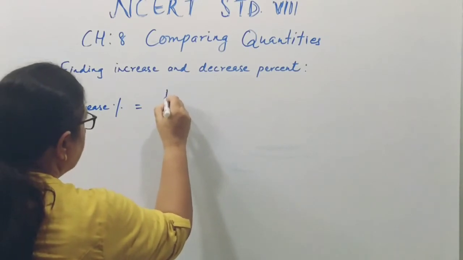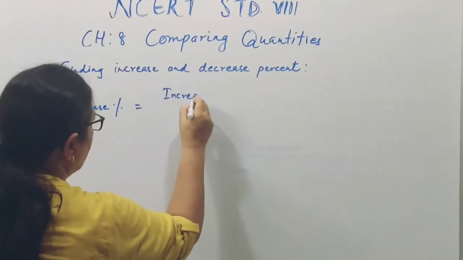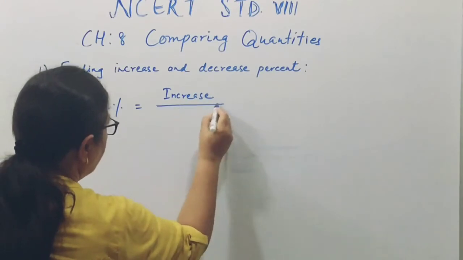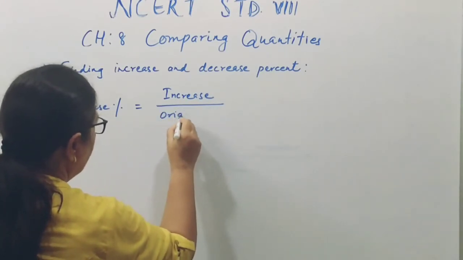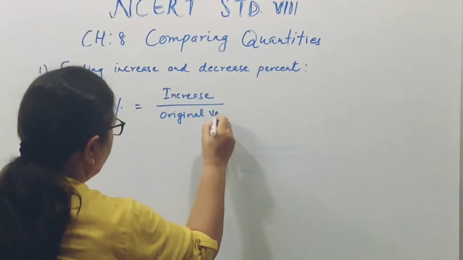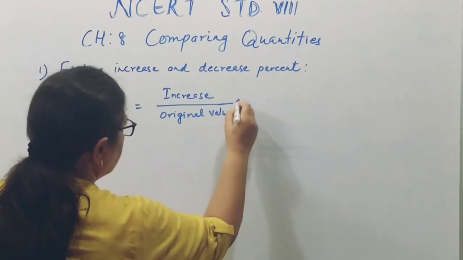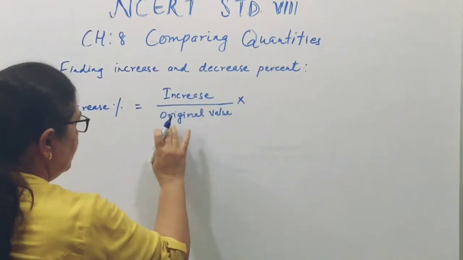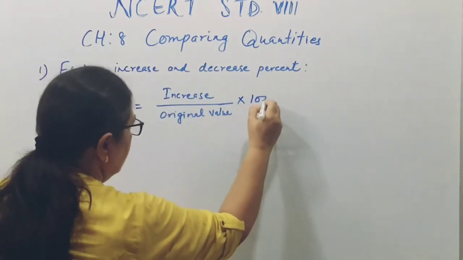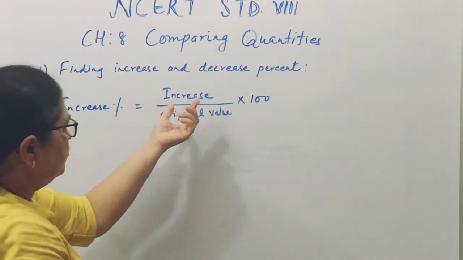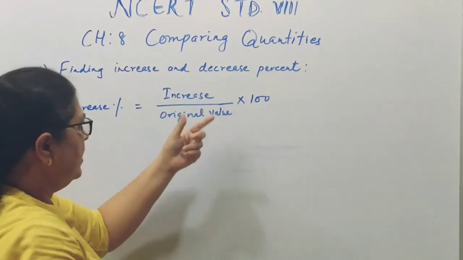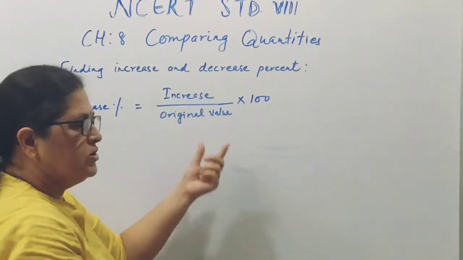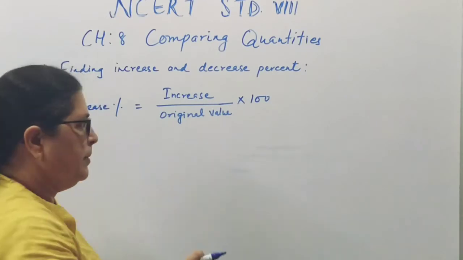This change means increase was on rupees 150, that is original value of the shirt. So increase percent is increase upon original value into 100. Here in case of shirt the increase was rupees 50 and the original means initial value, that was 150.